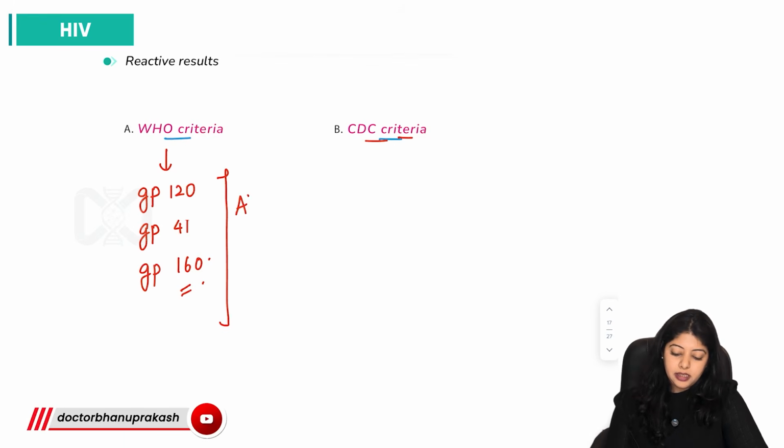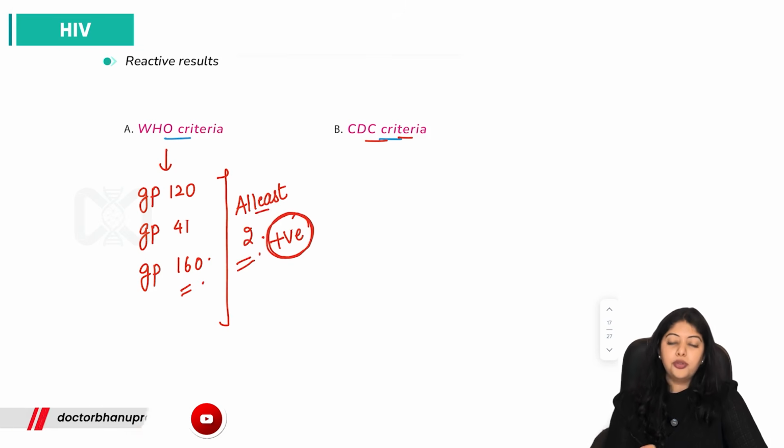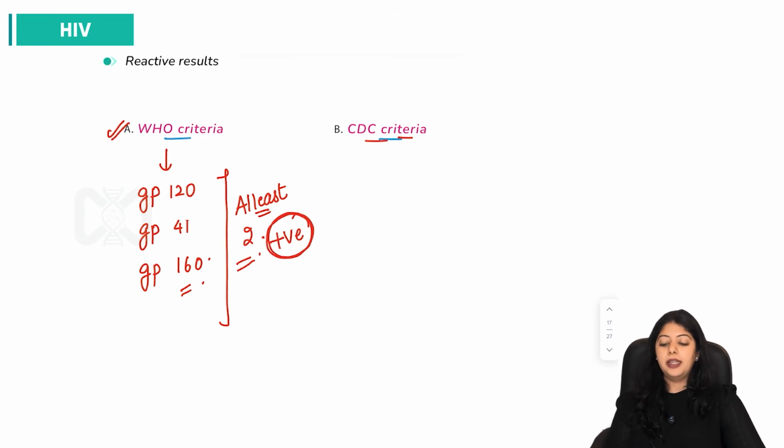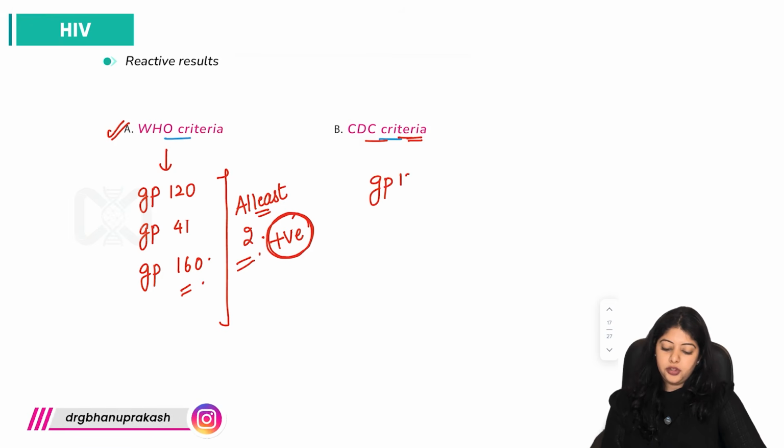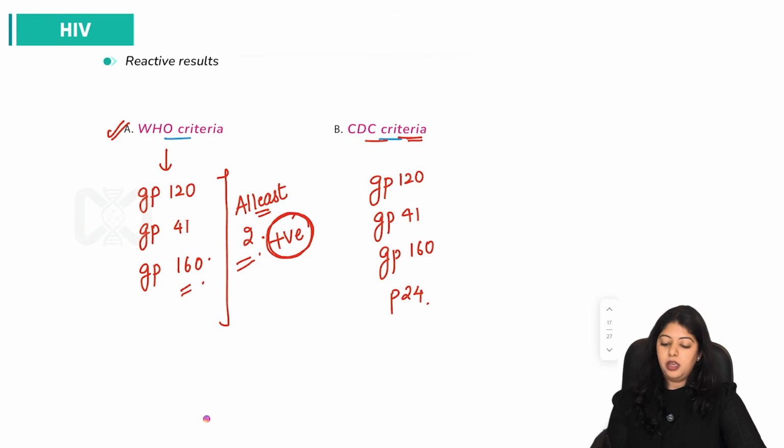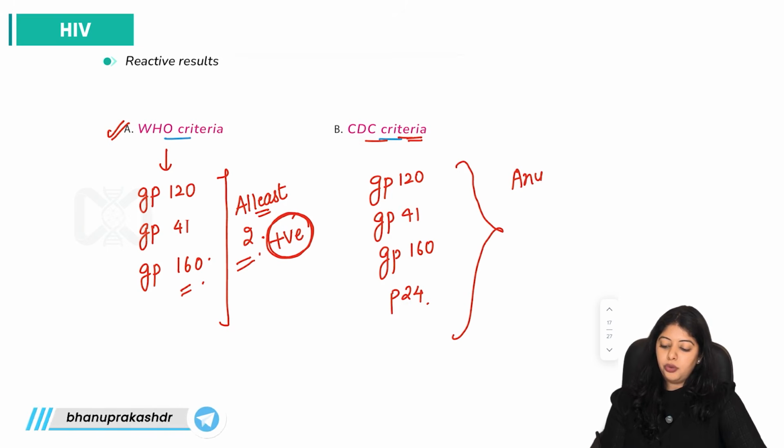At least 2 should be positive for WHO criteria, whereas for CDC criteria, since it is GP120, GP41, GP160 and P24, CDC says any 2 of the 4 should be positive.